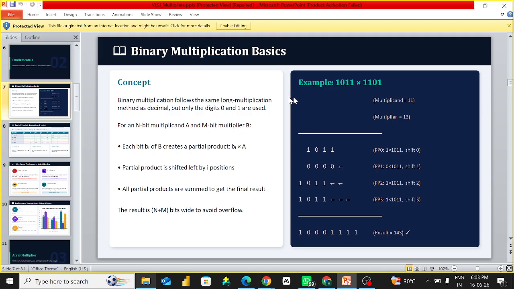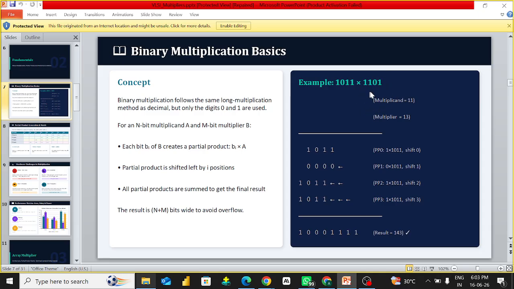Here I have taken another example. What is the decimal value of 1 0 1 1? It is 11. And 1 1 0 1 is 13.